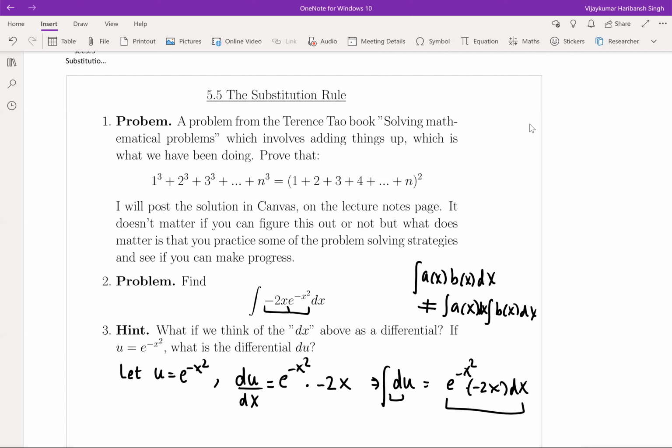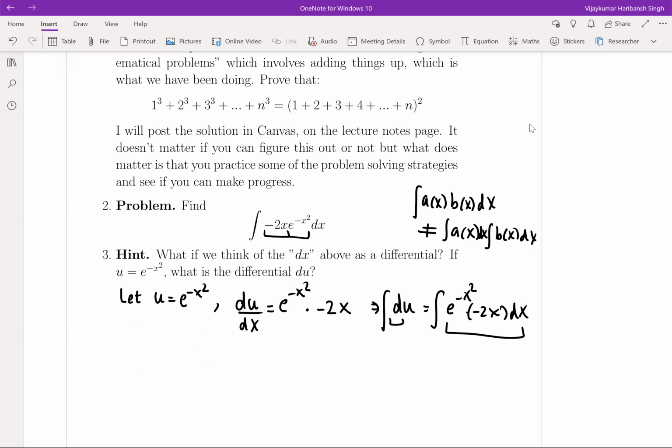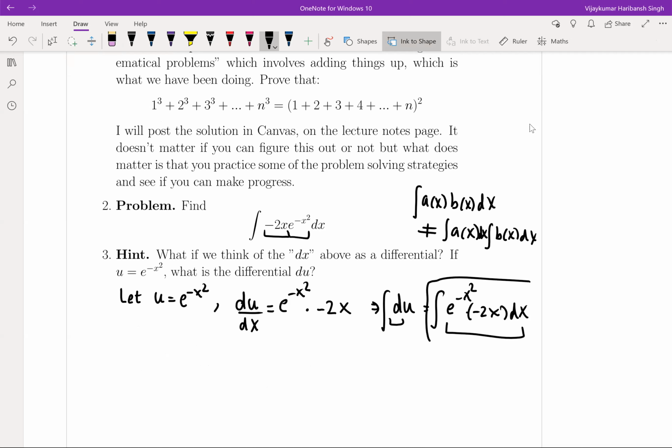So if you integrate this, the integral of the right hand side is going to be the integral of du. So this integral is going to be u. So u plus c is the integral of e to the minus x squared times minus 2x dx.